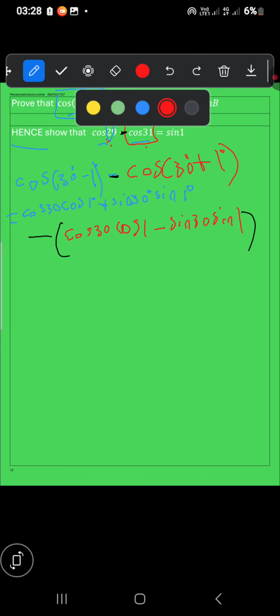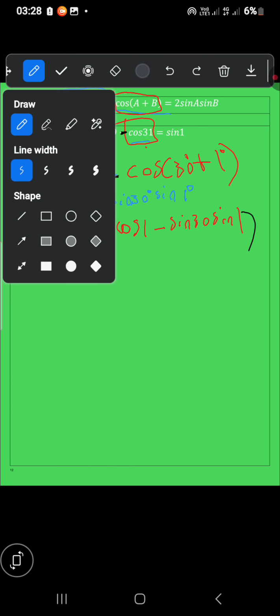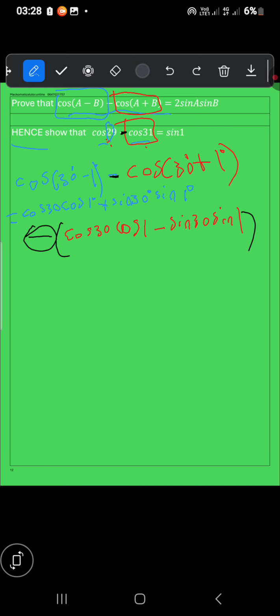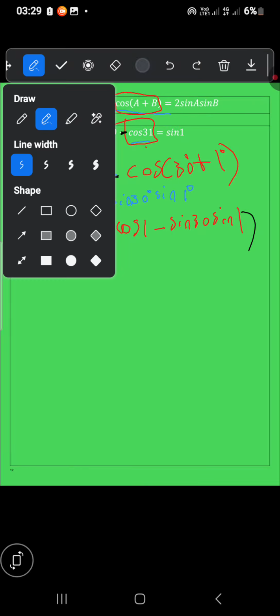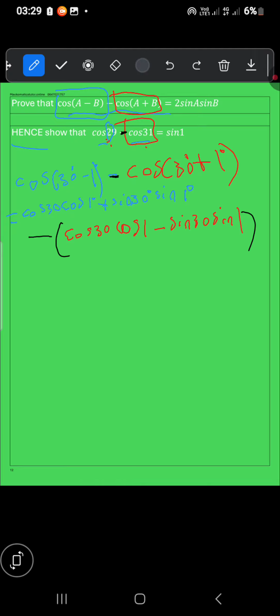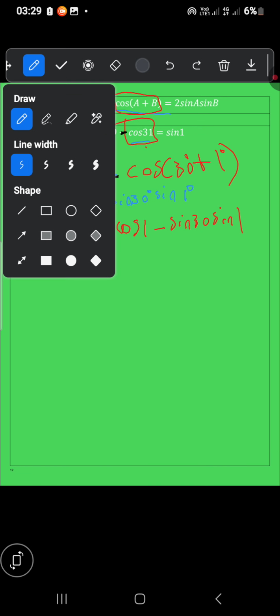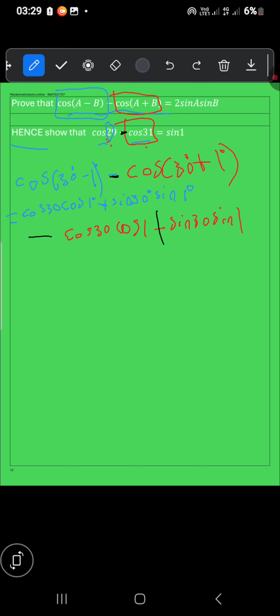Now the negative is going to affect inside the bracket. This negative is going to affect this negative to form a positive, right? And then the brackets will be gone. So let's do that. Then we said this negative will turn into a positive.